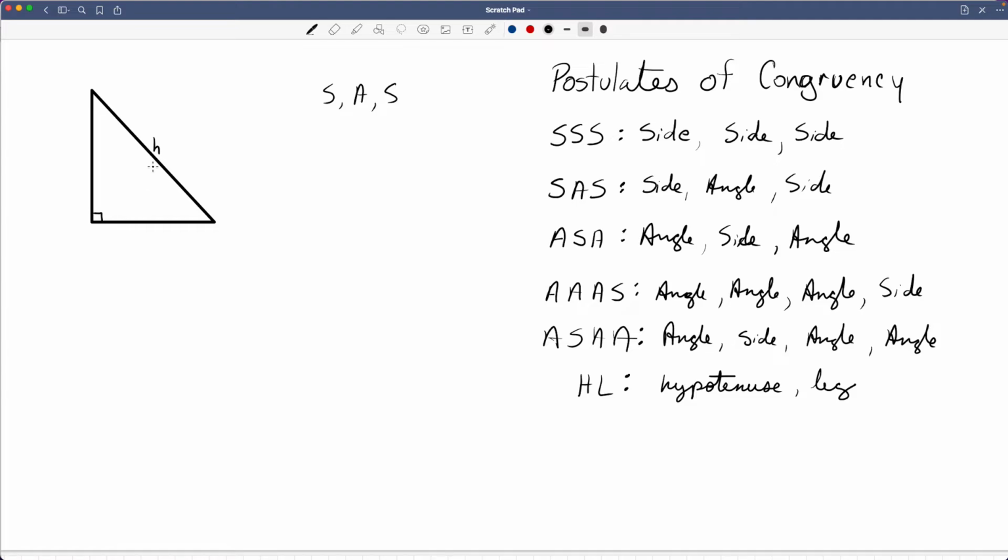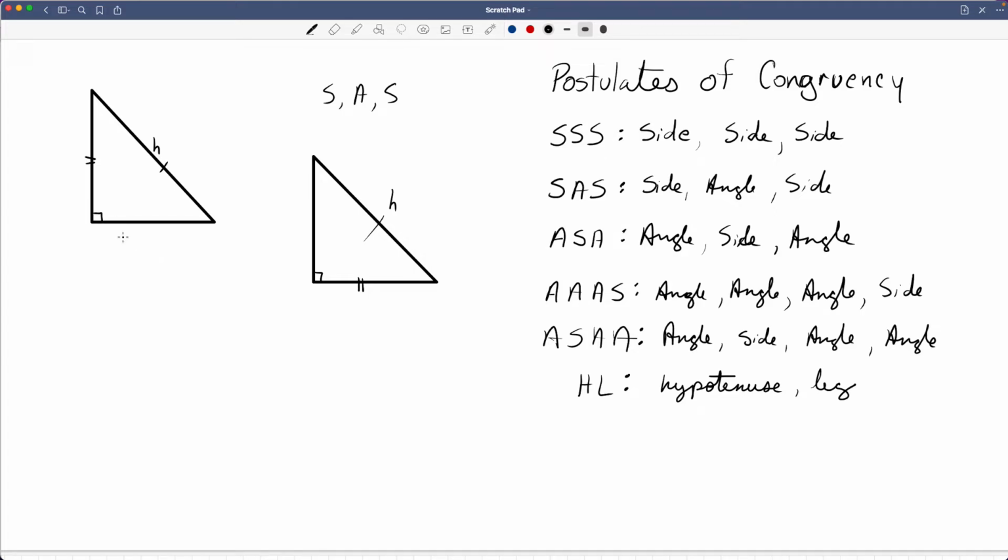And all that means is you've got two right triangles where the hypotenuse is congruent to each other, and one of the legs is congruent. And here I've got the two different sides, but they're both congruent. So by definition, this is angle, side, side, or side, angle, side, however you want to write it.